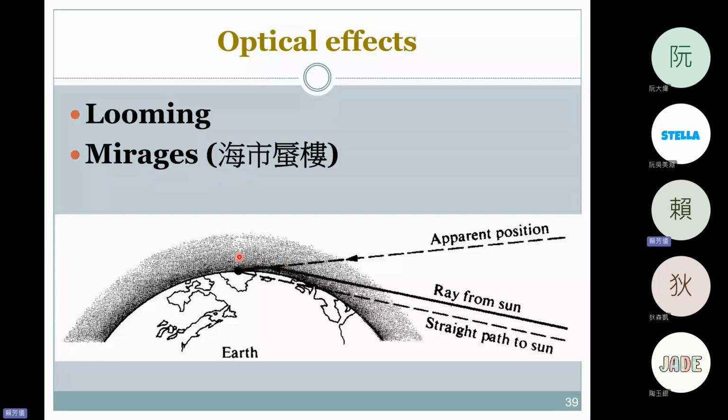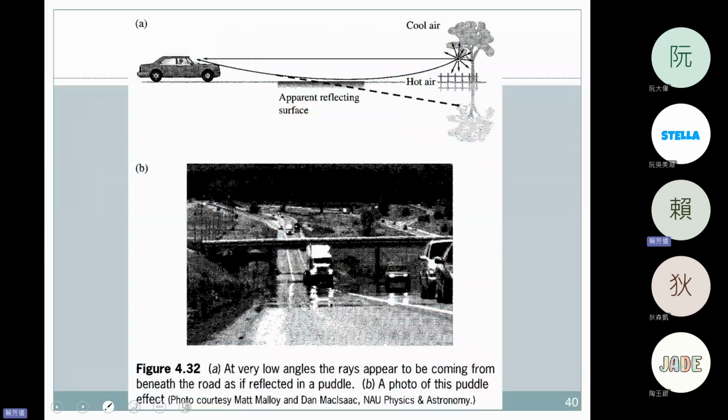So when we see light, we always seem to see that the light goes directly to your eyes. So you will see the light coming from this direction.